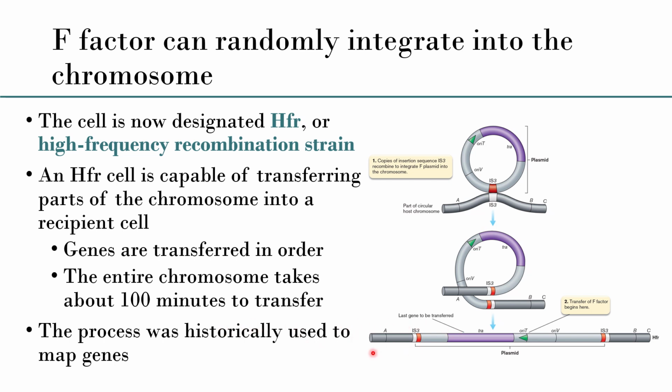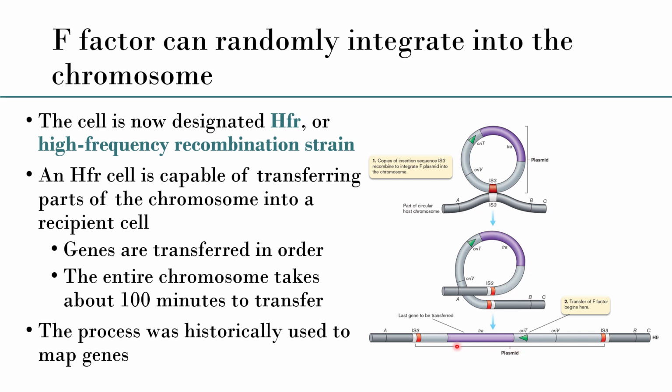So which genes get transferred over and how many of them just depends on when this whole process is terminated. But we've been able to use this in historical context to map genes on chromosomes before we were sequencing them, because we know where the origin of transfer is.